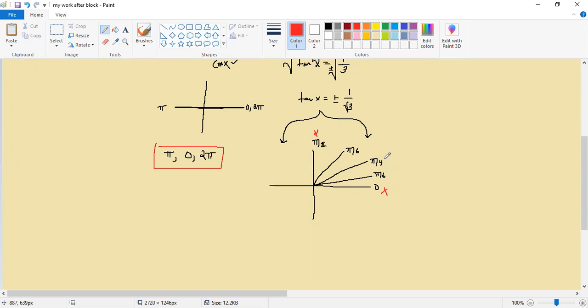It's only apparent at pi over 6 or pi over 3 rather, and it's not apparent at pi over 4 because we know the values at pi over 4 are actually under root 2 over 2, and the same thing correlates with the sine.